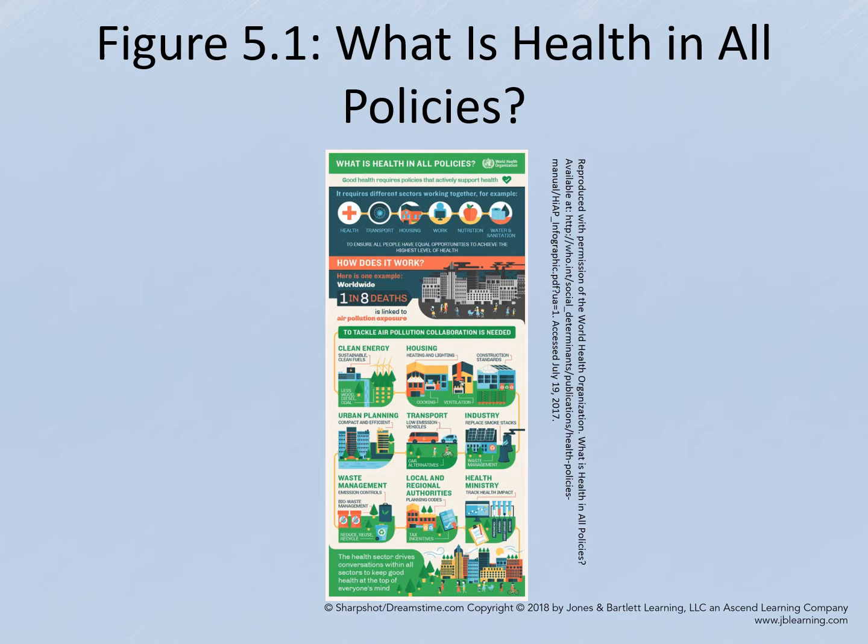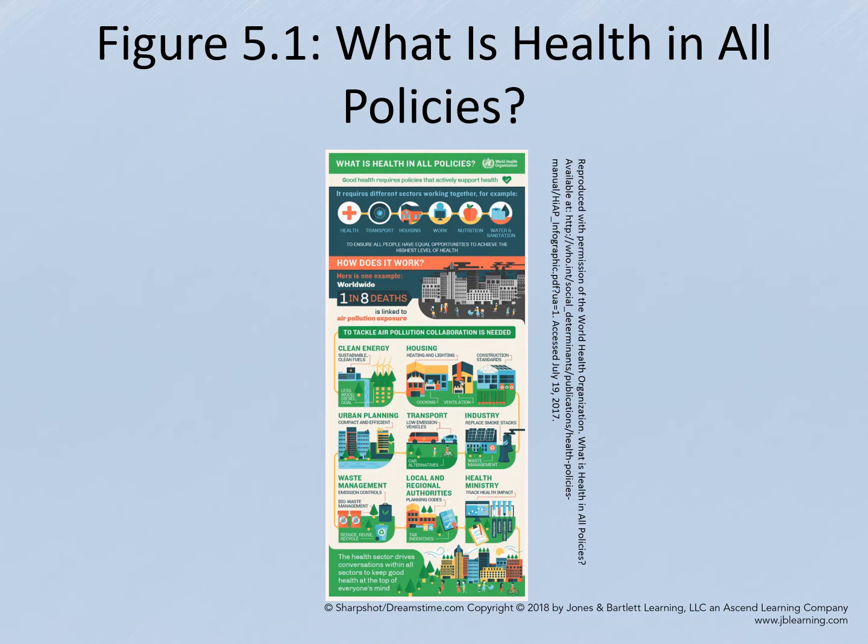So in order to tackle air pollution, we need to have clean energy, a good housing system, urban planning. We need transport and low emission vehicles. We need industries that replace smokestacks. We need to have excellent waste management.